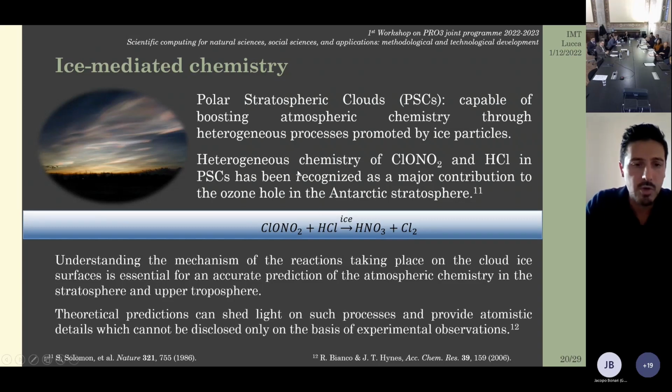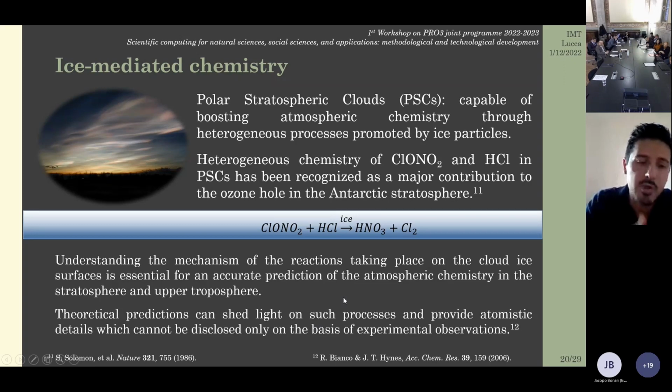From this example, you understand that we need to explore the mechanisms of the reactions taking place on cloud ice in order also to understand their effects on the chemistry of the troposphere or the stratosphere or the upper troposphere.